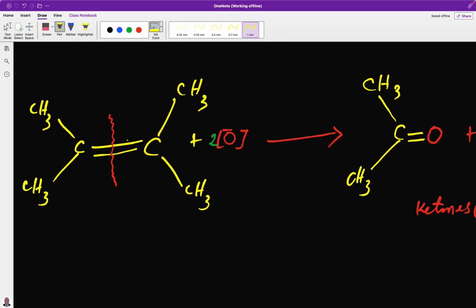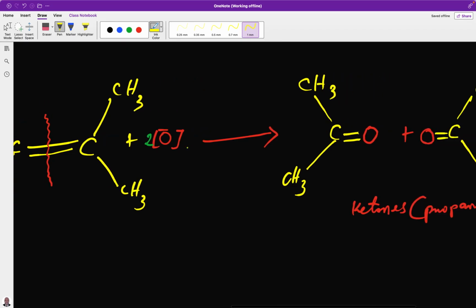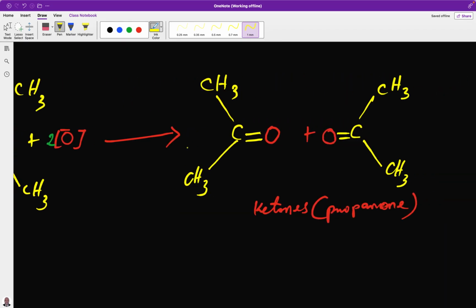And when the bond breaks, oxygen from the oxidizing agent will be provided, and these oxygen atoms will be bonded to the molecule. When it breaks, two products are formed. Oxygen will attach itself here and here. And the two products will be what? They are all ketones. They are two molecules of propanone.